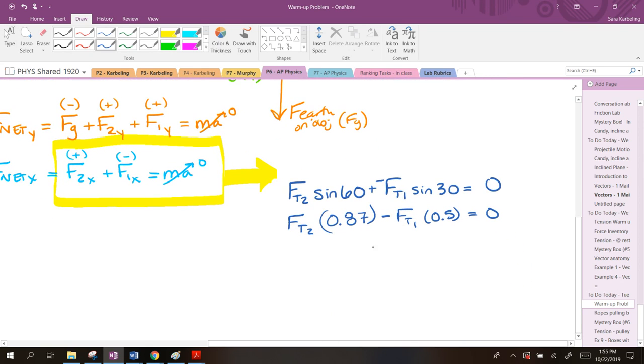So you could say Ft2. I'm just going to write it out for our friends at home in case they get confused. So you could find a ratio, right? 0.87 over 0.5. So Ft2 is bigger.